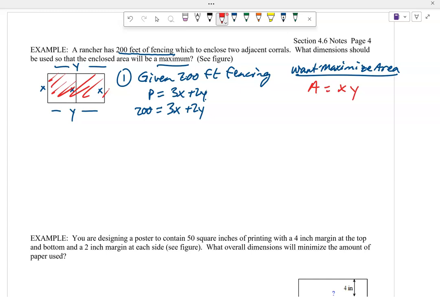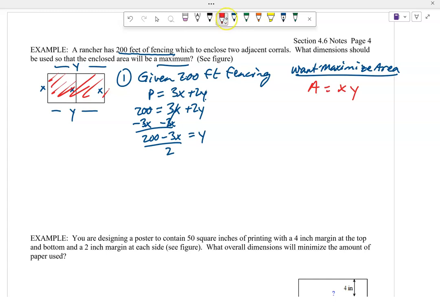That's what we're trying to maximize. And so what we'll do is take this perimeter and solve for y. So let's subtract 3x from both sides so we can get this down to one variable. So we have 200 minus 3x equals 2y. Let's divide both sides by 2 and we'll have solved for y there.